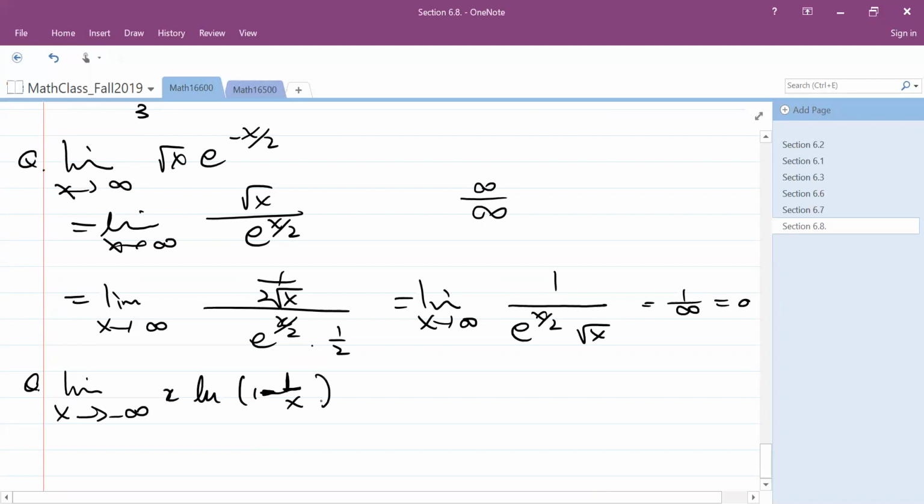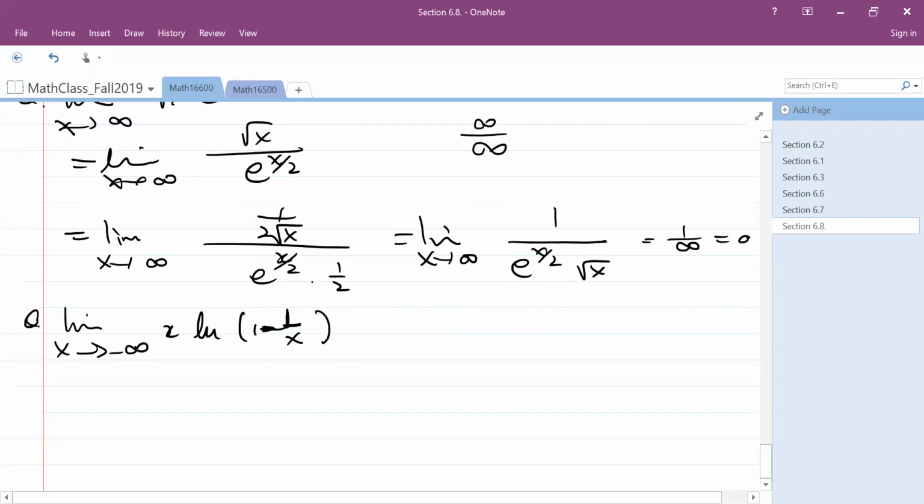Okay, well, this is not a quotient again. So you have to bring one of them to the denominator, right? Create a quotient. And I think you can move x to the denominator. That's a pretty standard technique, right? It's going to be 1 over x.